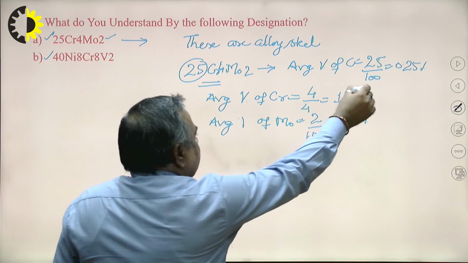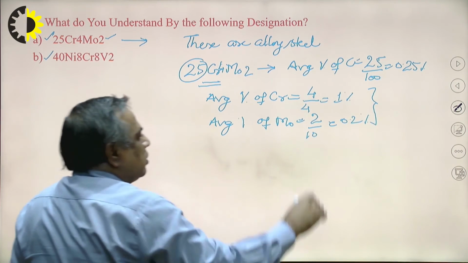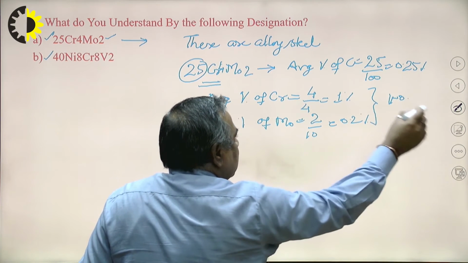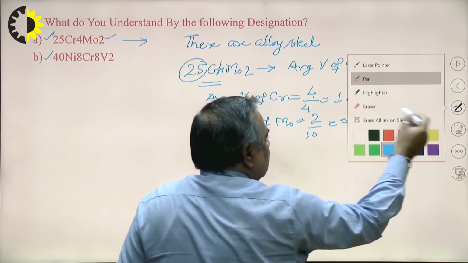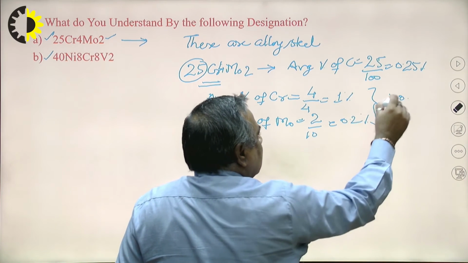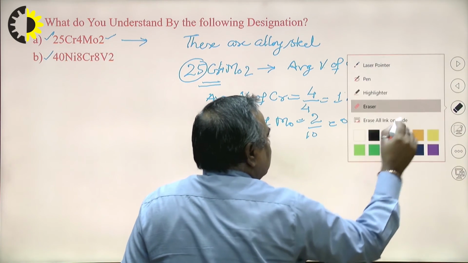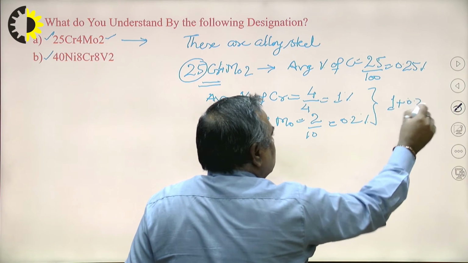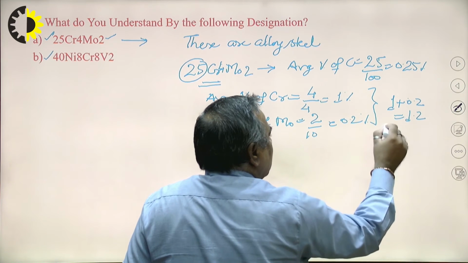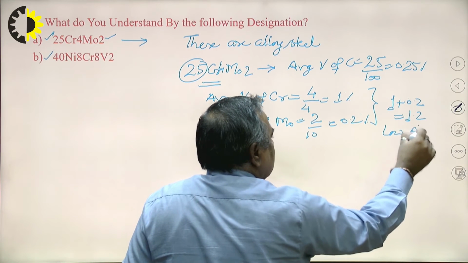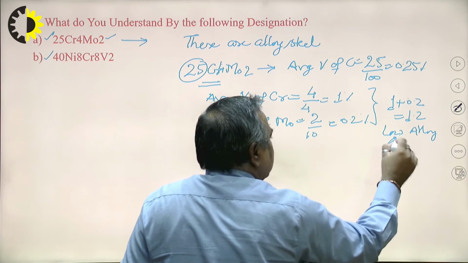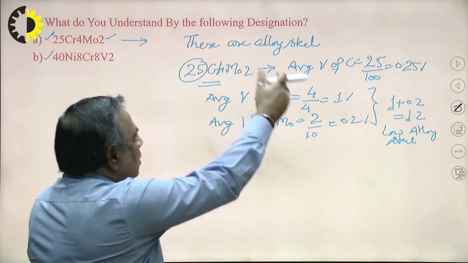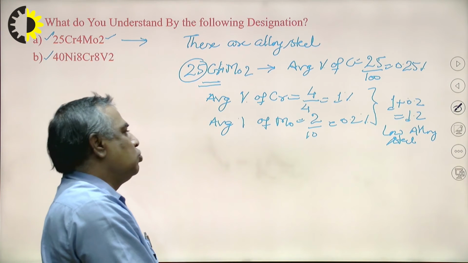So the total alloying element, if I calculate, comes out to be 1 plus 0.2 is 1.2. So it is low alloy steel. You can write now here, this is low alloy steel having the average percentage content of carbon, chromium and molybdenum as this.